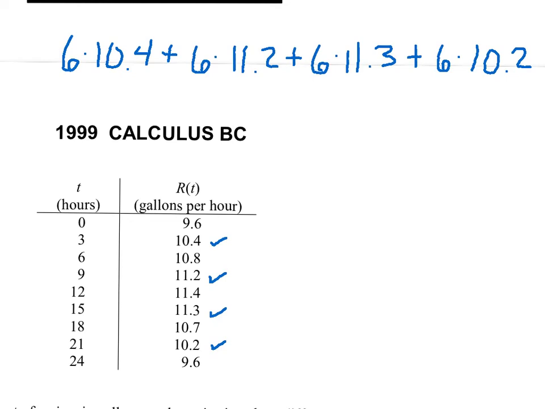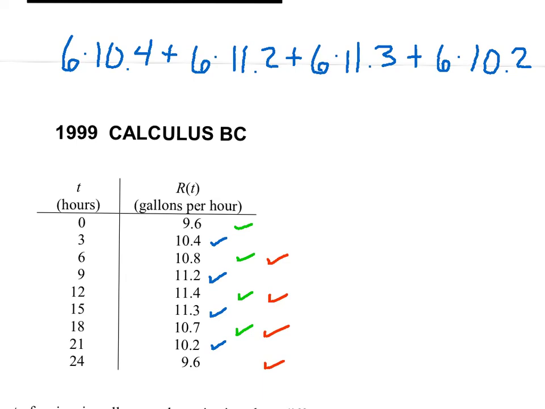So those y values for a left-hand sum would be 9.6, 10.8, 11.4, and 10.7. In similar fashion, had we been asked to do a right-hand Riemann sum, we would have used the right-hand y value in each interval. In the interval 0 to 6, we would have used the y value 10.8. So the y values for a right-hand sum would be 10.8, 11.4, 10.7, and 9.6.